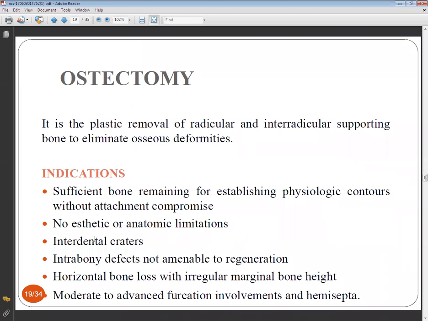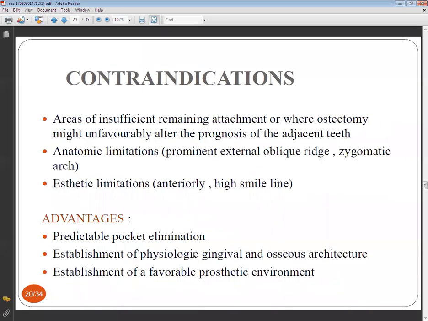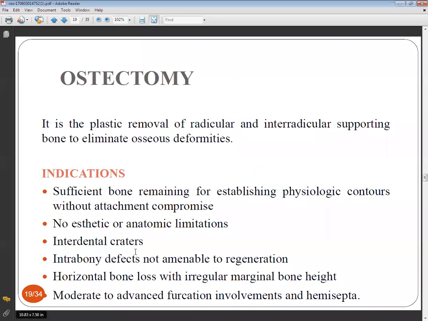The posterior area is most preferable. Also interdental craters, infrabony defects not manageable by regeneration, horizontal bone loss with regular marginal bone height, horizontal bone loss with irregular marginal bone height, moderate to advanced furcation involvement, and one wall defects, also called hemisepta. So these are the few indications of your ostectomy.